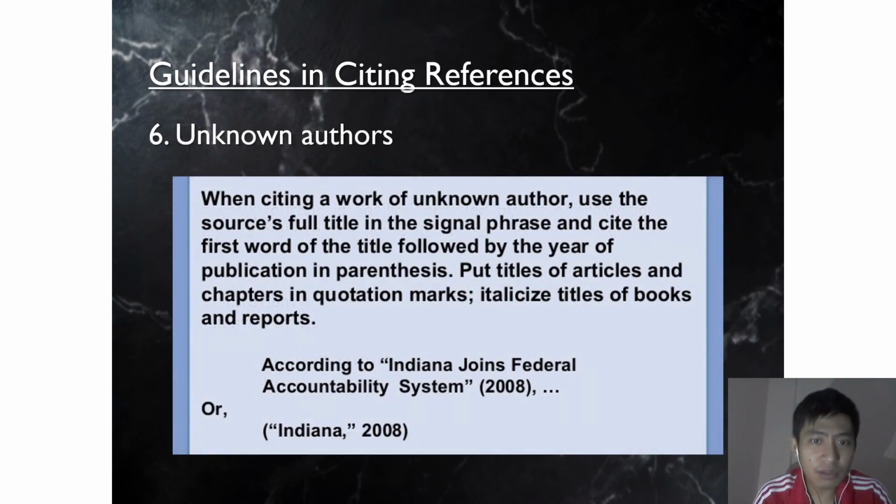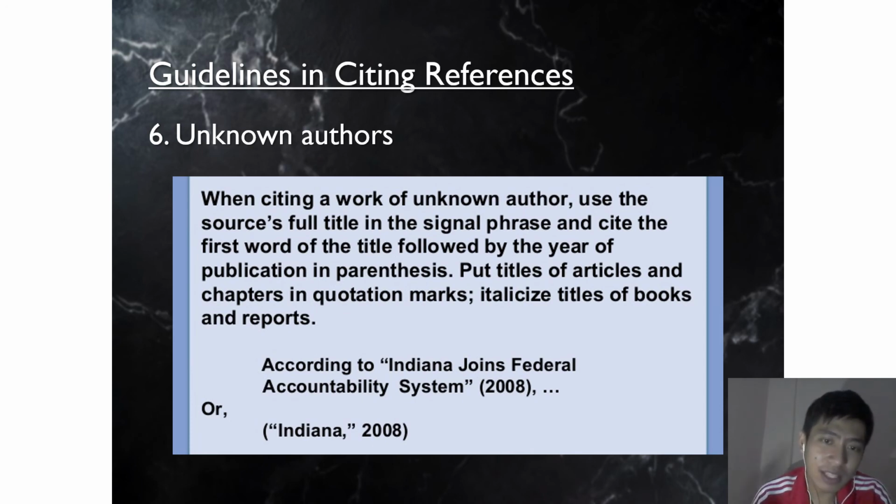So for unknown authors, cite the first word of the title followed by the year of publication. Put the titles of articles and chapters in quotation marks, italicize titles of books and reports.